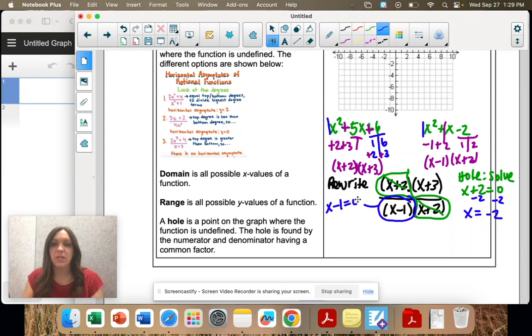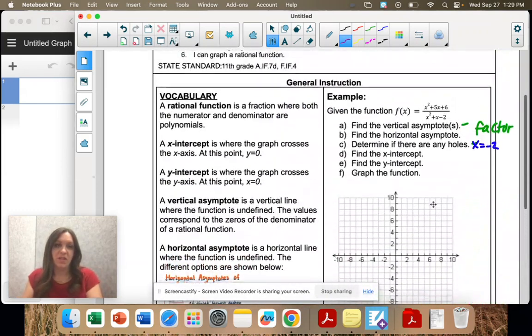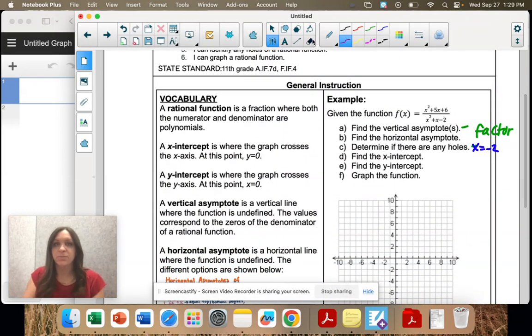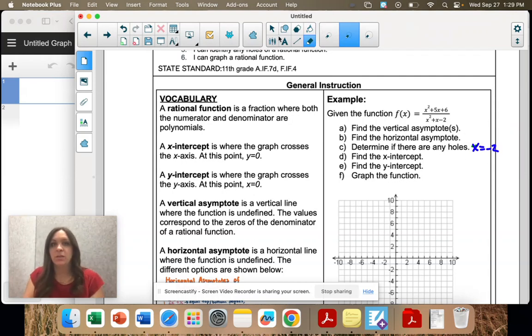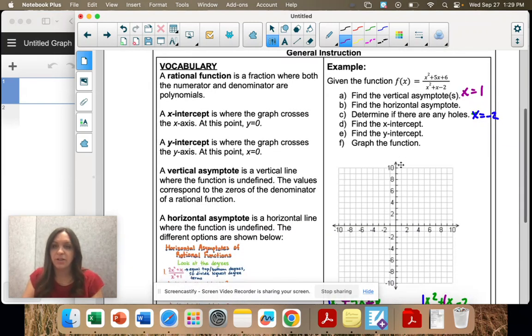So x minus 1 equals 0. If I solve that, I get x equals positive 1. And that's our vertical asymptote. I'm going to put VA because I'm kind of running out of room. So x equals 1. I can put that on the graph right now. That is my vertical.